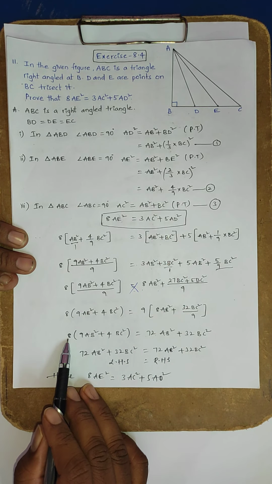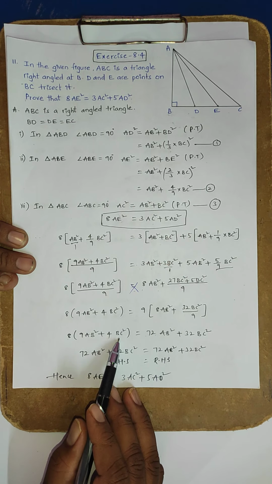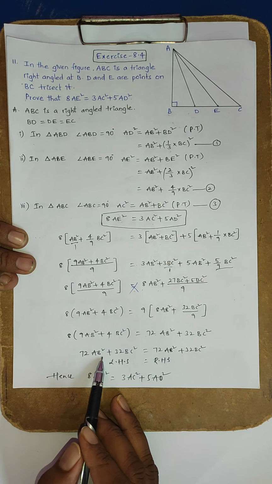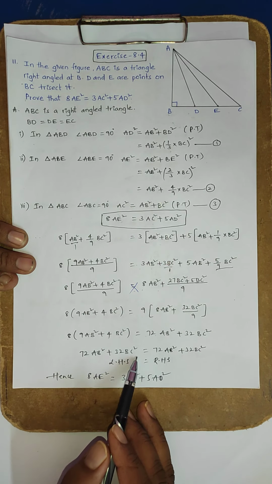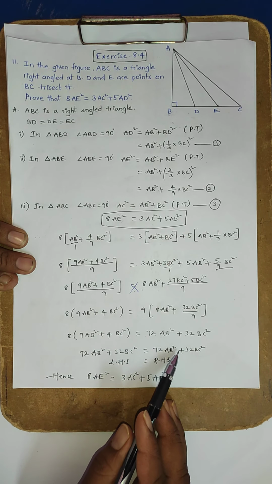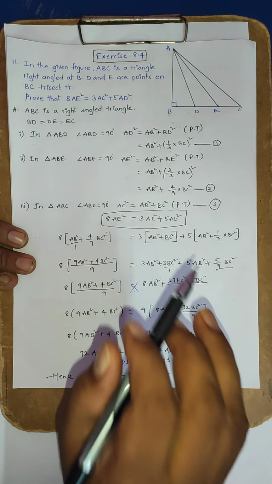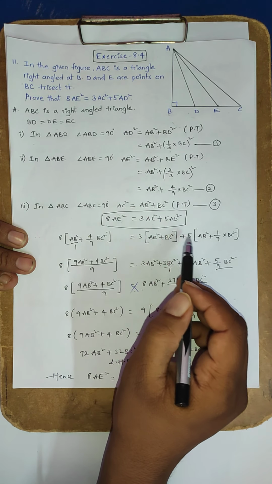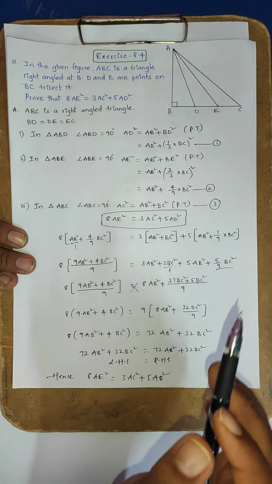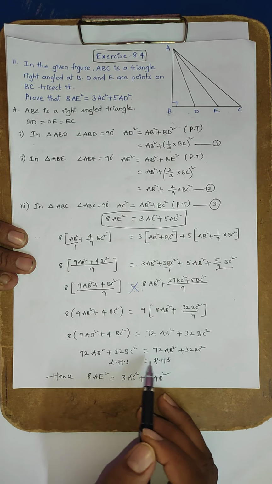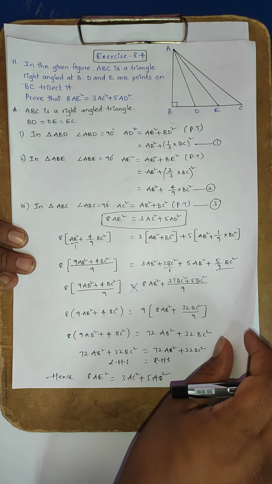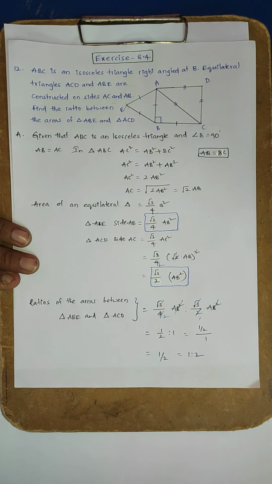Now this 8 belongs to the first term and second term: 8 times 9 is 72 AB square, 8 times 4 is 32 BC square. Same LHS, same RHS. LHS is equal to RHS. So when we substitute in this equation, both sides are the same. So we proved this problem.